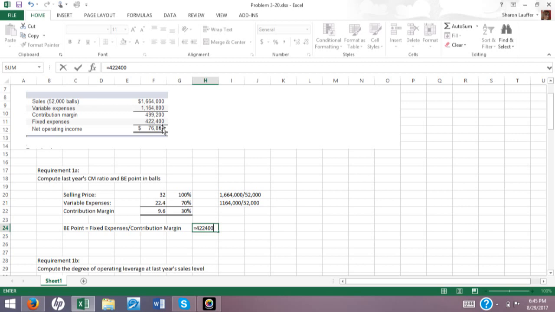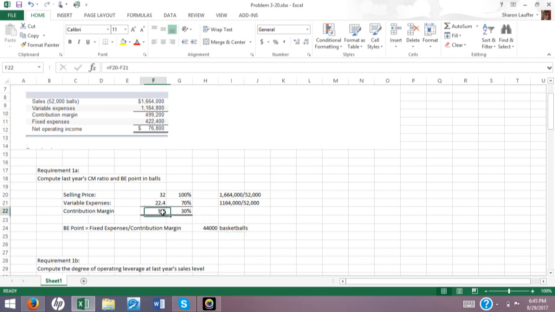And we're going to divide that by our contribution margin, which is $9.60. So our break-even point for this requirement is 44,000. And those are basketballs.